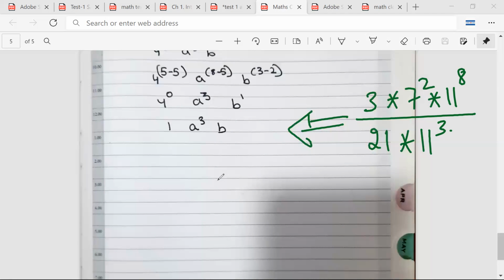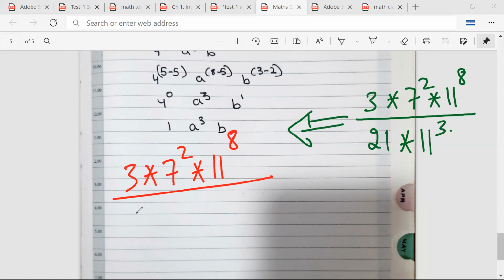You will have to do 3 into 7 raised to 2 into 11 raised to 8 upon 21 into 11 raised to 3. So it will be 3 raised to 7 raised to 2 into 11 raised to 8 minus 3 upon 3 into 7.